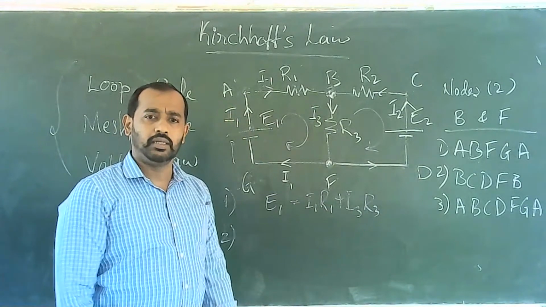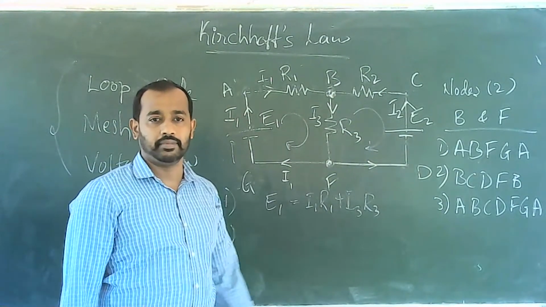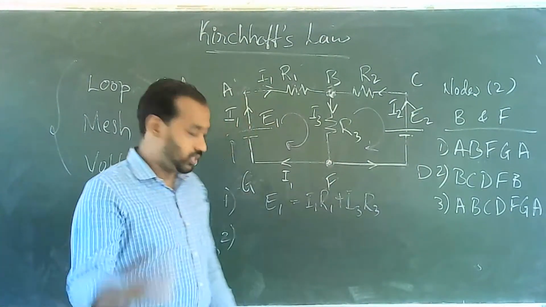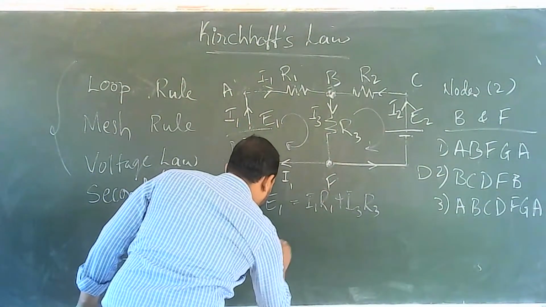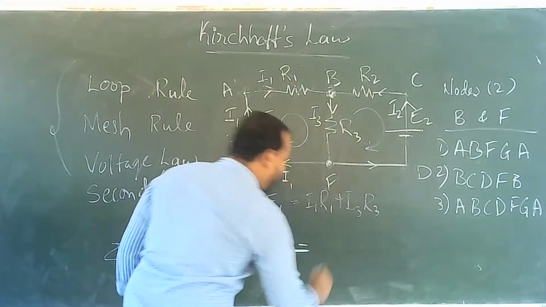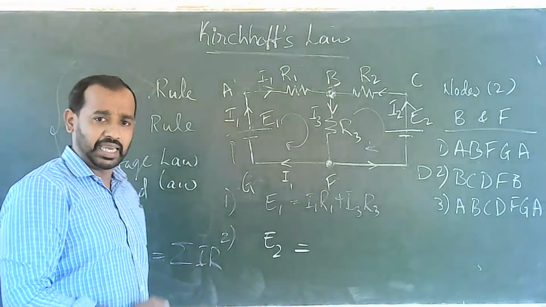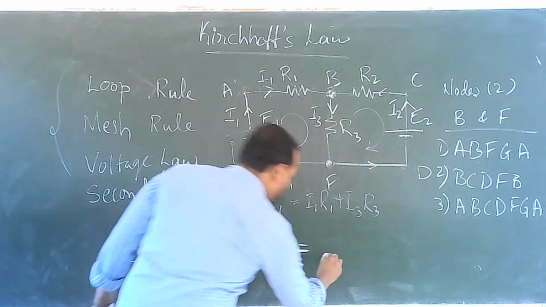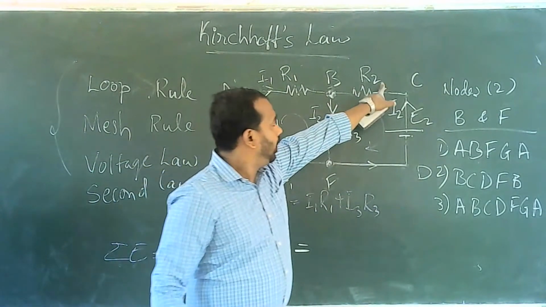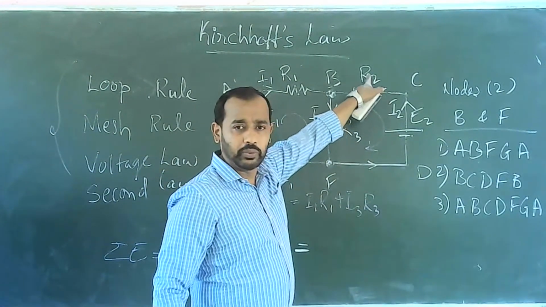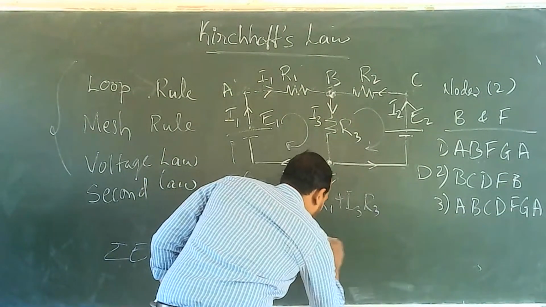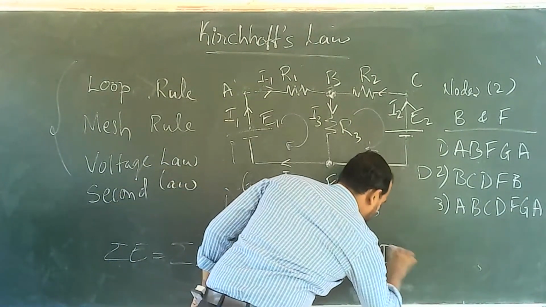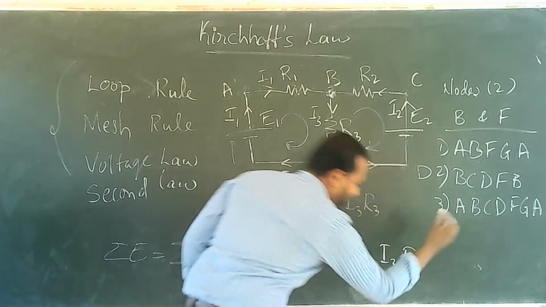It can be anti-clockwise, but here it is treated as clockwise. Then what about the EMF? We are writing EMFs on one side, E2, and IR drops on the other side. I am not placing any sign convention yet, I am just writing the IR drops. The current flowing through resistor R2 is I2, so I2 R2. The other one is I3 R3.